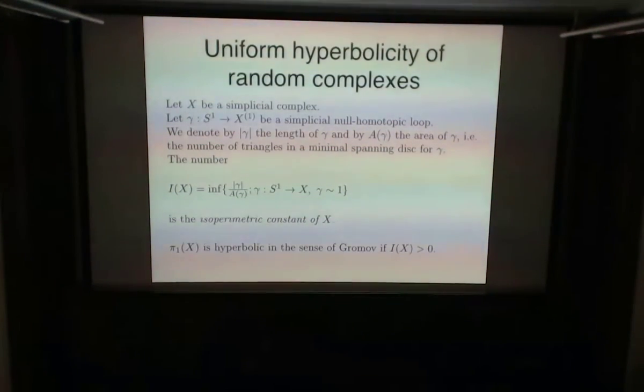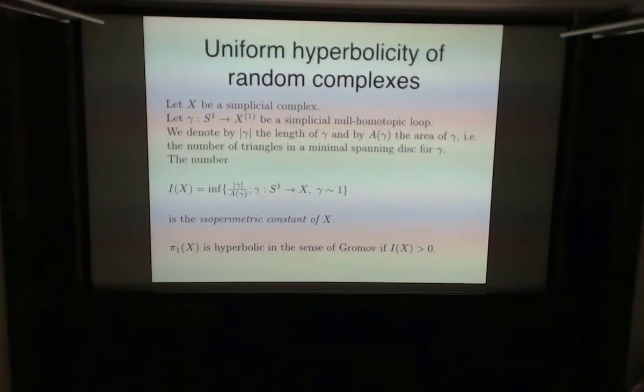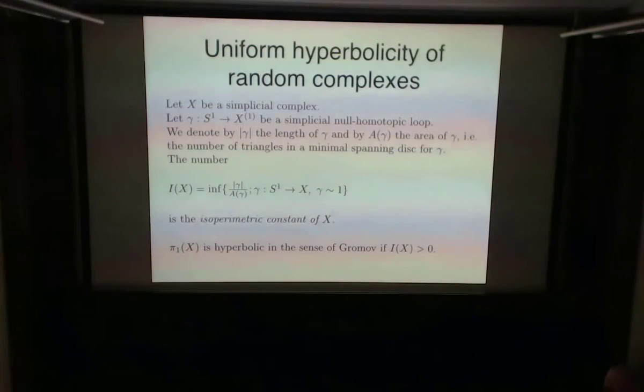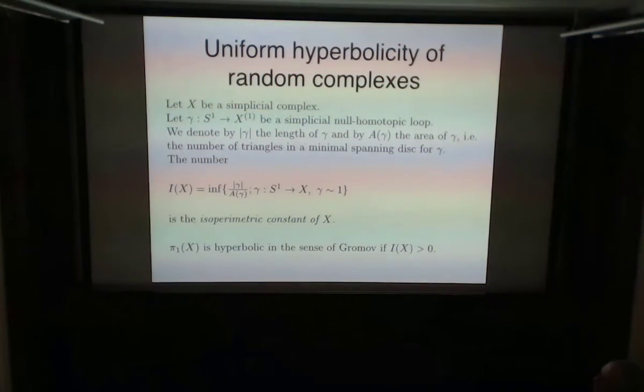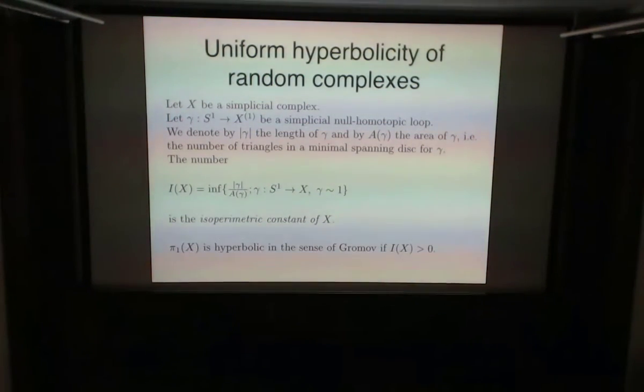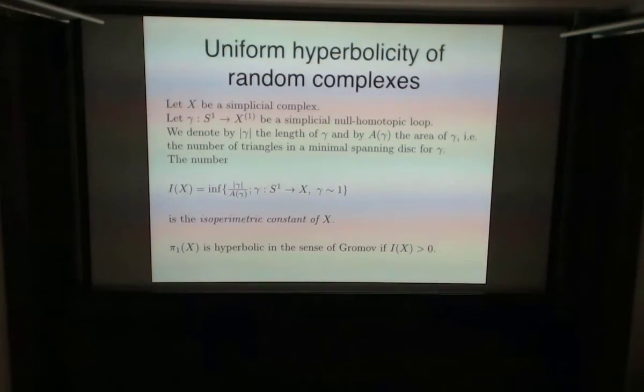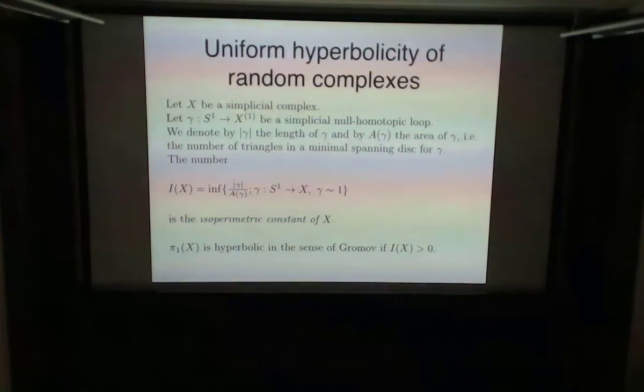It says that the area of gamma is bounded by a linear function of the length. It's less than or equal to some constant times the length. So this is hyperbolicity in the sense of Gromov.